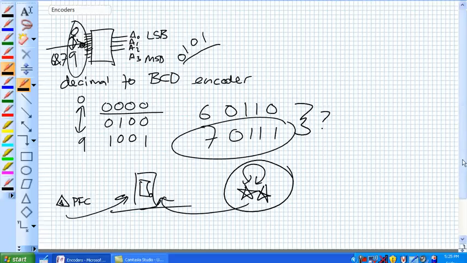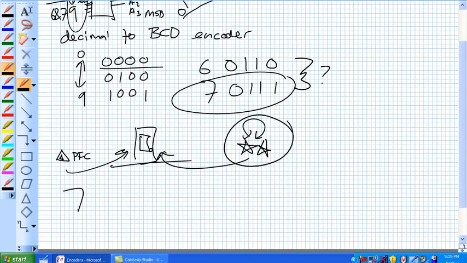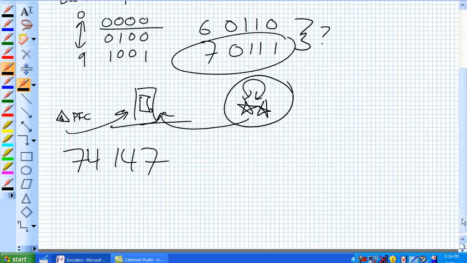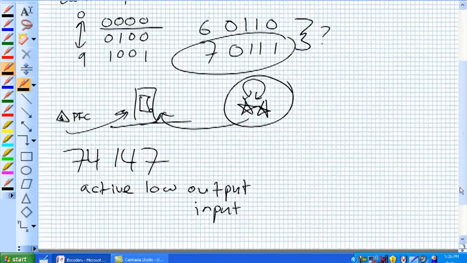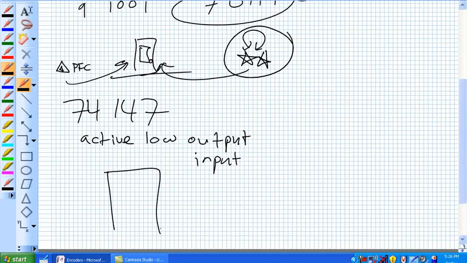Okay, so let's talk about the 74147. Unfortunately, it has active low output and active low input. Here are our inputs, 1 through 9, and I'll explain why there's no 0.